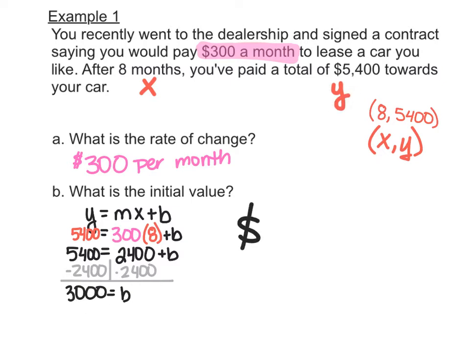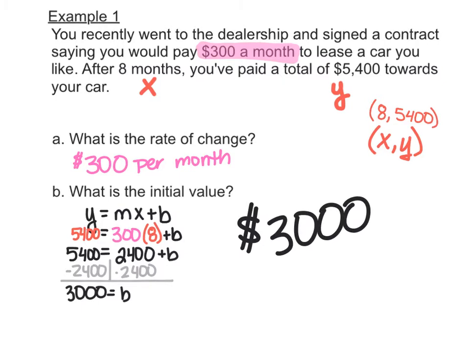So to have an initial value of $3,000 means that I had to pay $3,000 up front, and this is very common whenever you buy something, whether it's a car or a house, you have to put a down payment. So here I'm paying $300 a month, but I must have needed to give the dealership $3,000 in order to get the car. That's my down payment for the car. So my starting value, or initial value, in this case is $3,000.